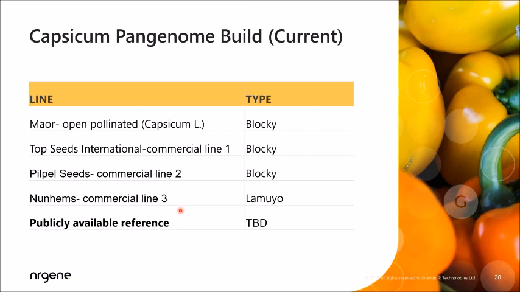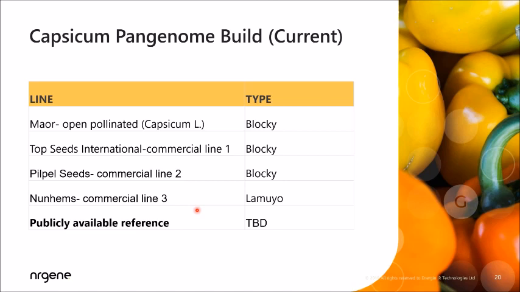It's important to have a publicly available reference, and we've thought about this a lot. As Dr. Paran mentioned, there are several genomes available out there, but I would contest that the Maor genome, the one Intergene just finished, and also our 10x genome are perhaps the only ones of good enough quality.